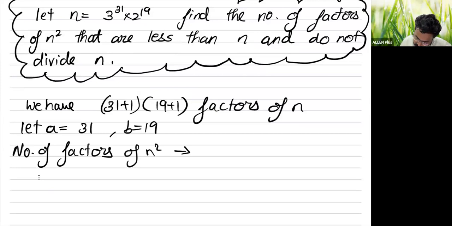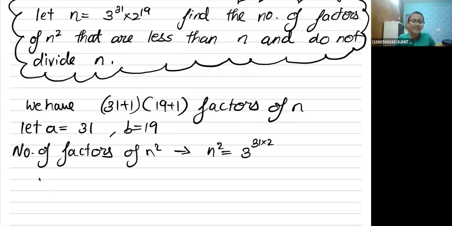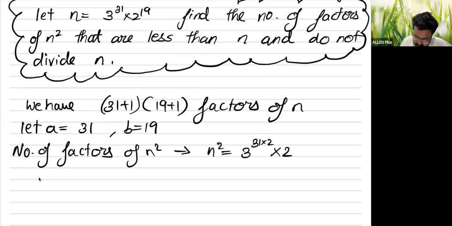First of all, n square is equal to 3 to the power 31 times 2, multiplied by 19 times 2, so now I can calculate for any value that you give. And this will have factors (2a plus 1) times (2b plus 1).